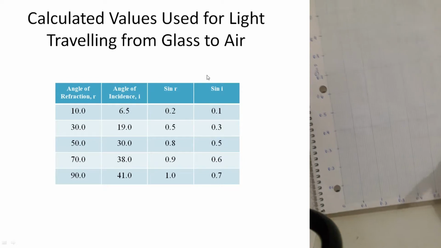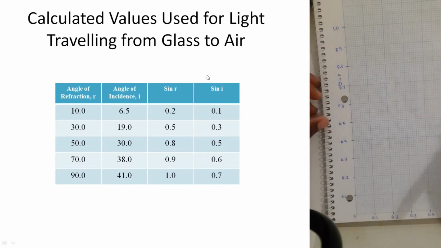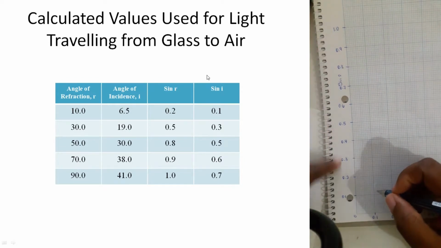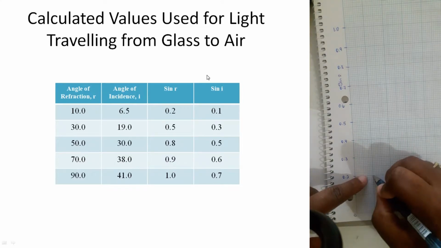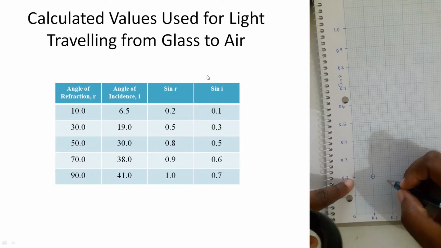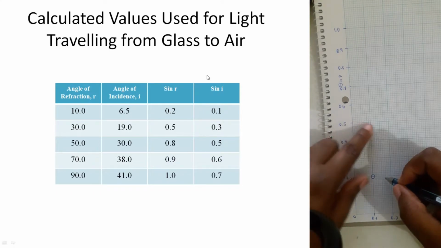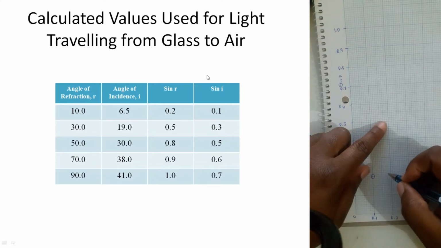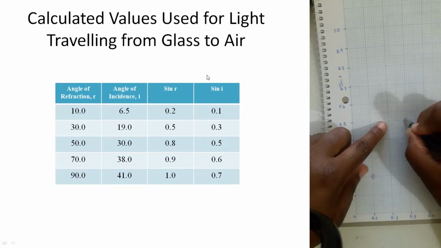So this is good. So when sine R is 0.2, it is 0.1. When sine R is 0.5, it is 0.3.